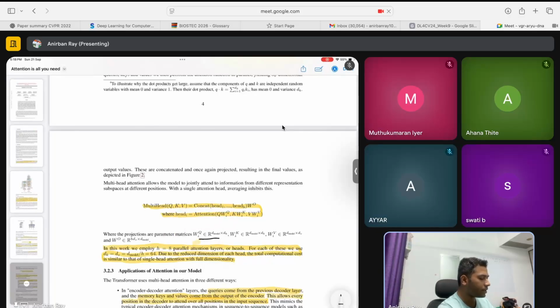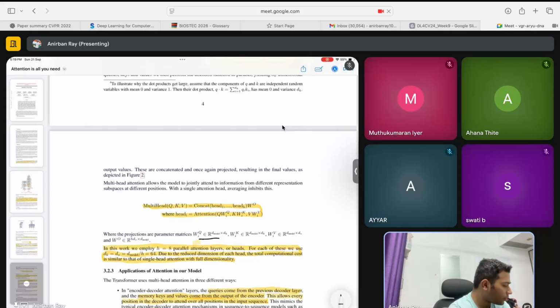You can see the dimension is d model cross dk. Q was of the dimension d model into length of the sentence, but I think they have considered it in the opposite direction, so length of the sentence into d model. When you multiply it with d model into dk, the dimension becomes length of sentence into dk.